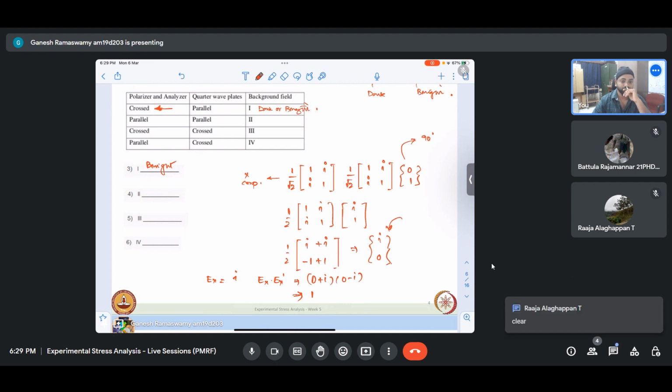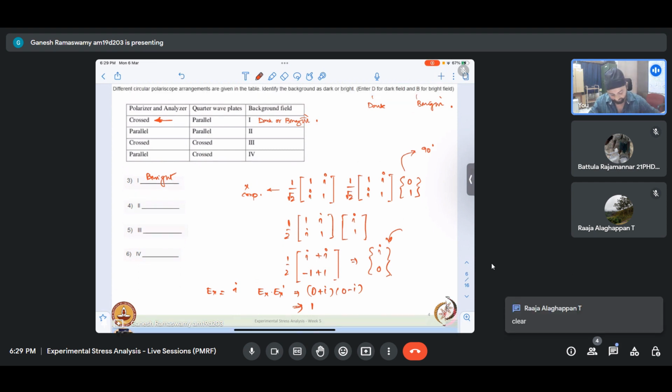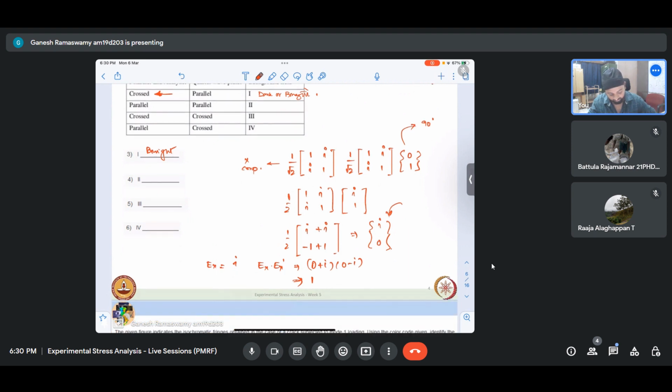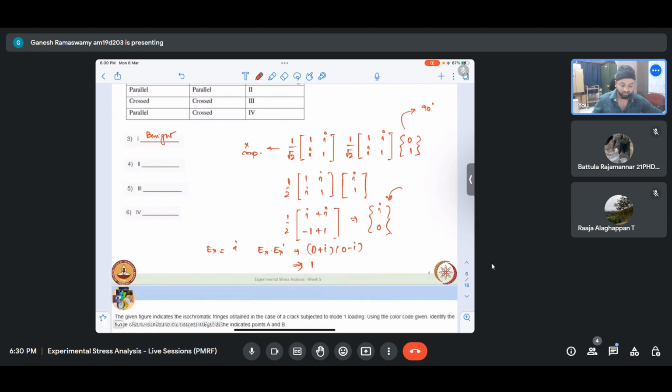Yeah, so on similar lines, we can derive for the rest also. Essentially, if we kept both parallel, then what would it come out to be? Actually, I would like to show this with one software that is there. I'll just stop presenting for 1 minute and I'll present my screen from here.